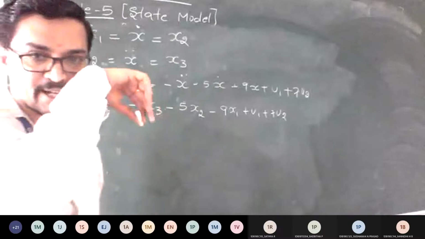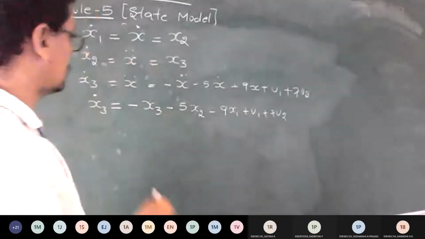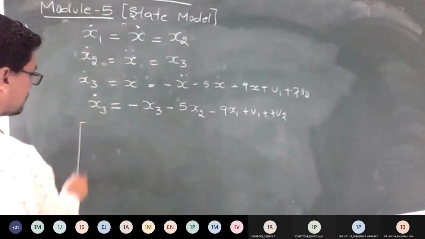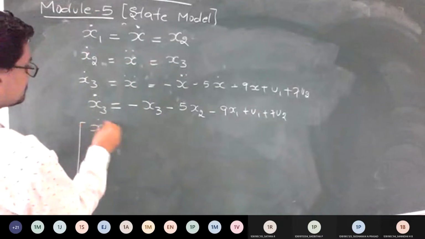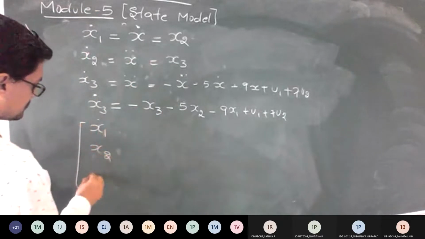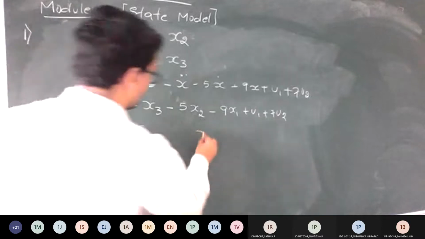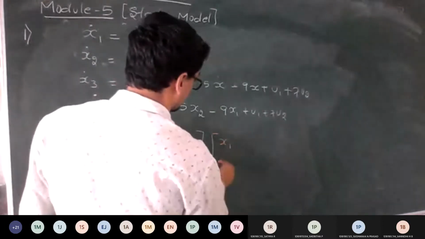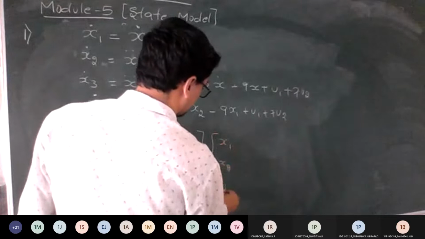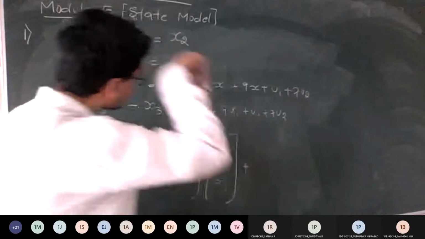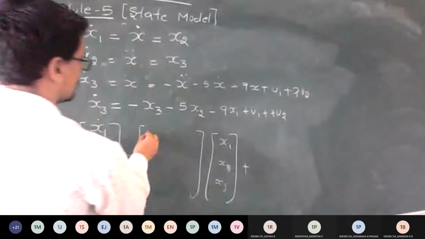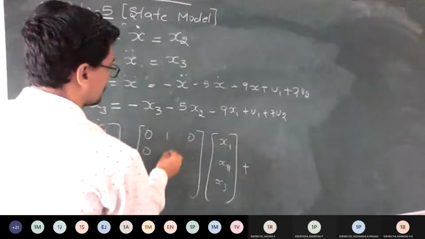Now the output you should take according to the question. Let's finish this first. Represent this. So coefficients, guys. In the first equation only x2 is there, so it is 0, 1, 0. Then 0, 0, 1.